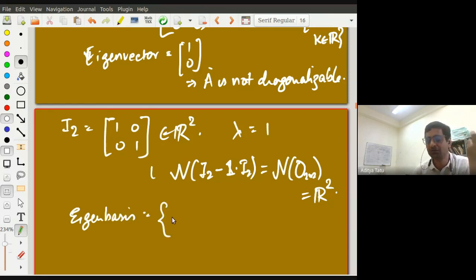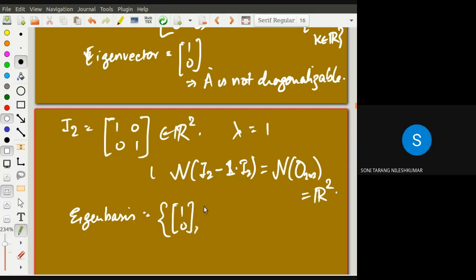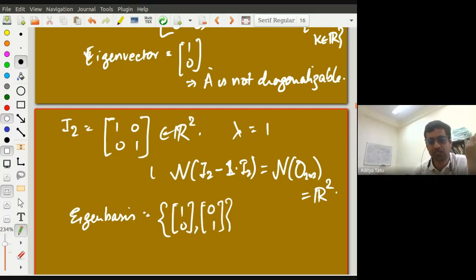I mean, entire R2, so all you have to do is to choose two linearly independent vectors. 1, 0 and 0, 1. Exactly. This could be an eigenbasis. Yes, so as I said, you can have fewer eigenvalues, but still enough linearly independent eigenvectors.